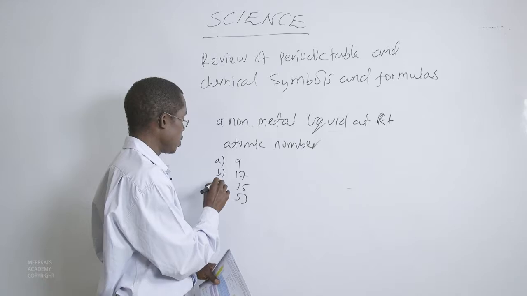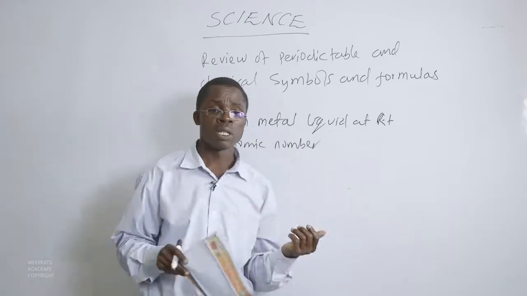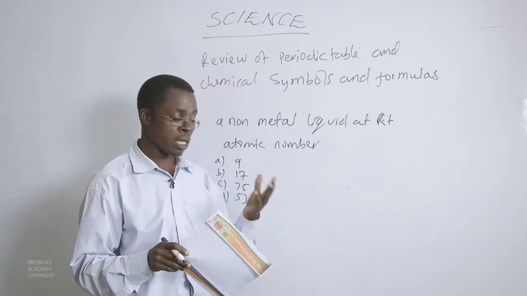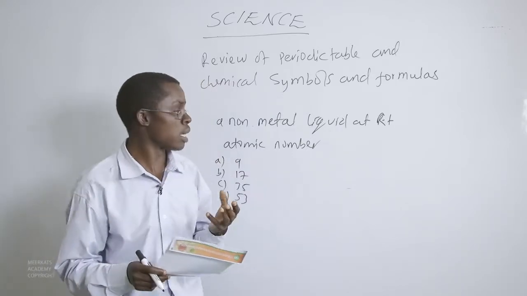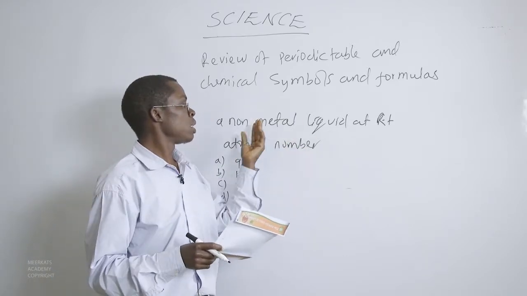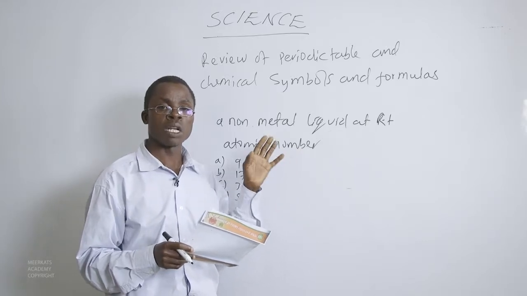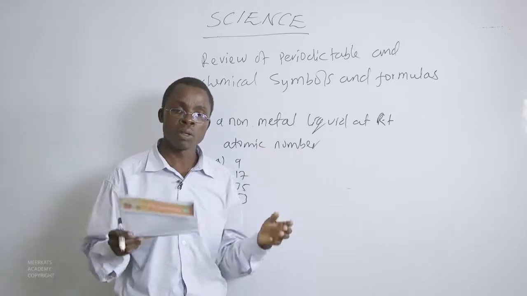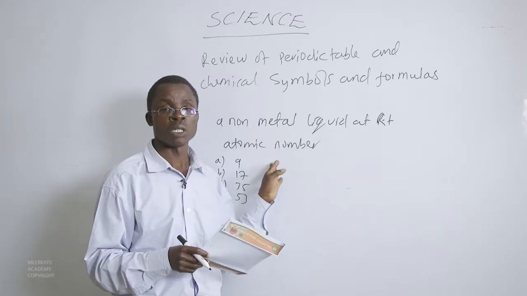A, B, C, and D. Now to answer this question, just like the previous one I've just looked at, if you cannot understand the science about the states of matter under which the various metals and nonmetals exist, you cannot be able to answer this question.